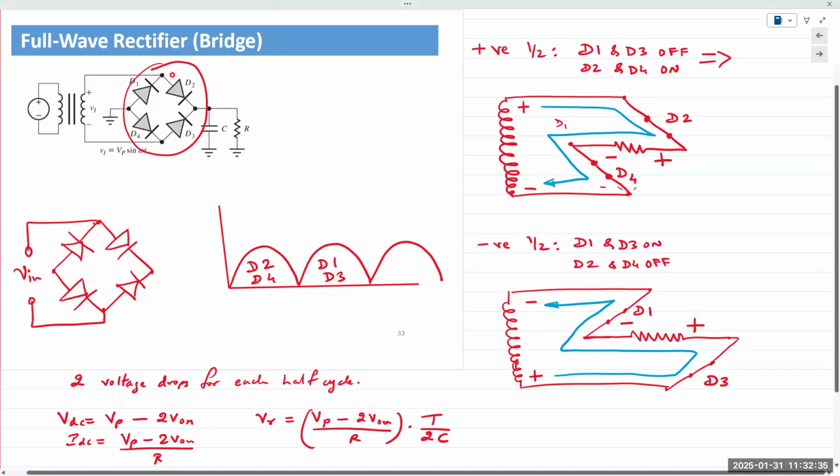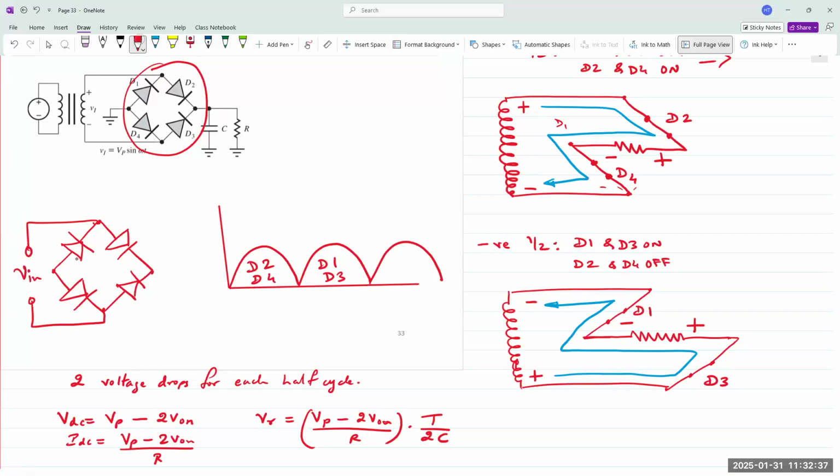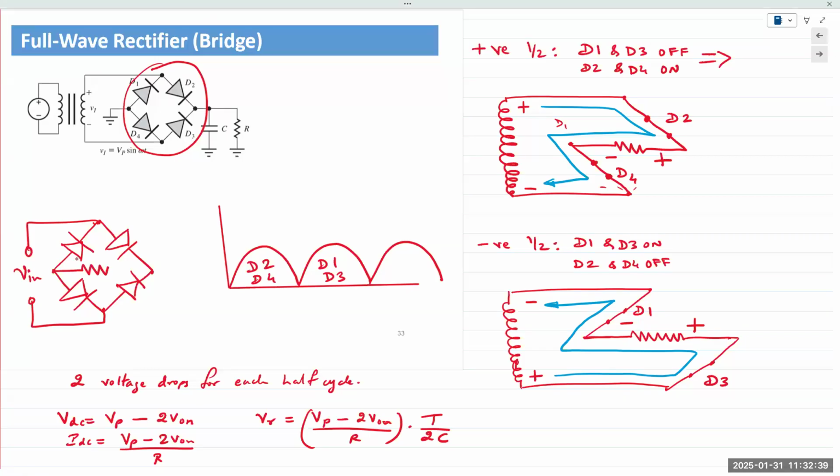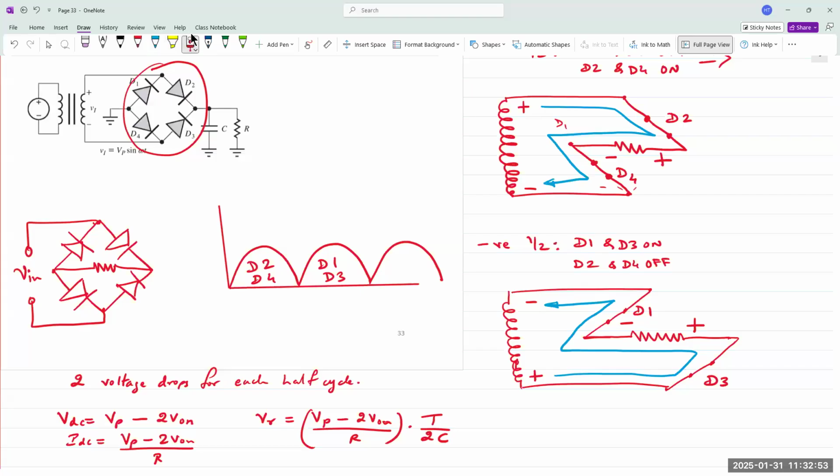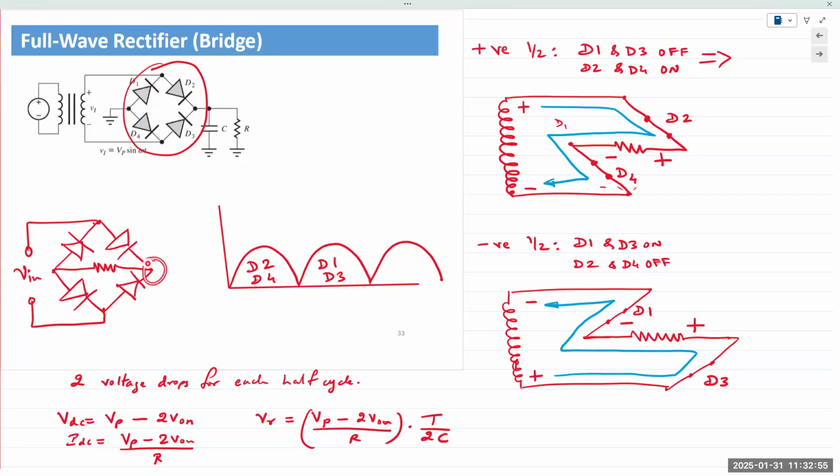And so you simply place a resistor right there. And that's it. That's how you remember a bridge configuration. And the output where the 2 cathodes meet is the positive end, and the output where the 2 anodes meet is the negative end. And you see that reflected here.